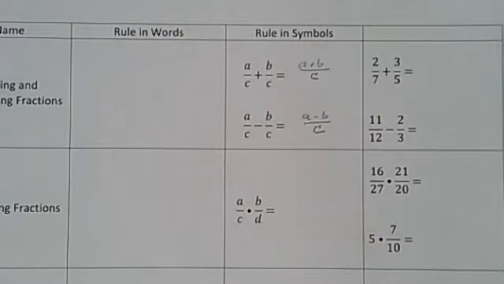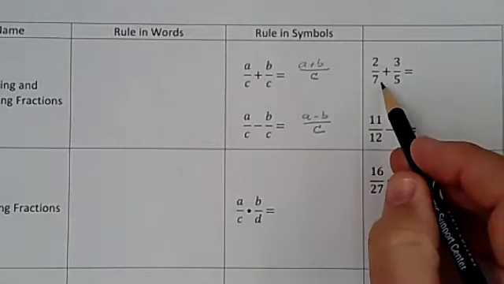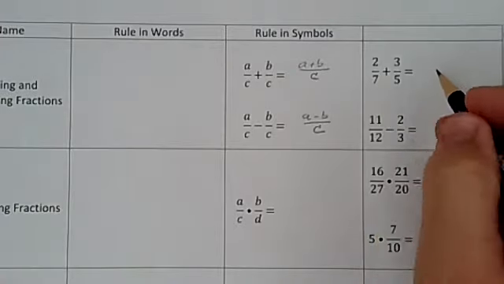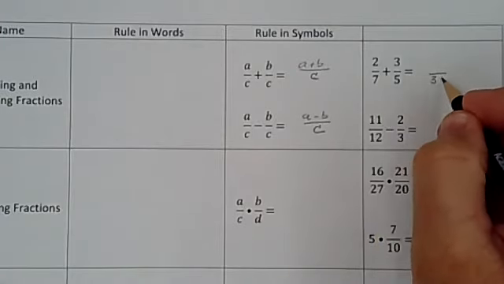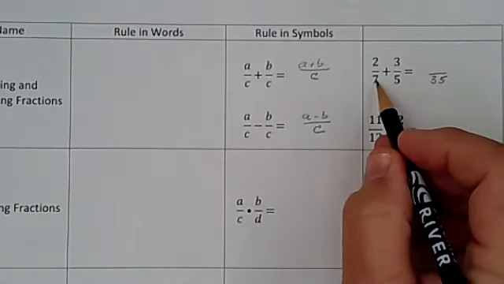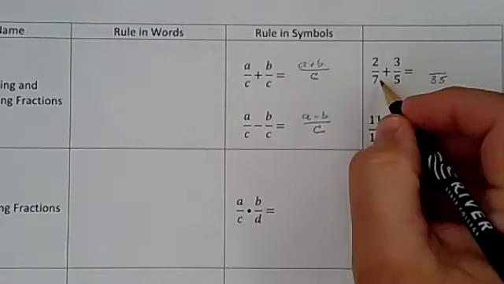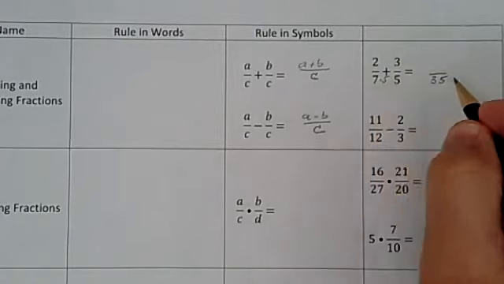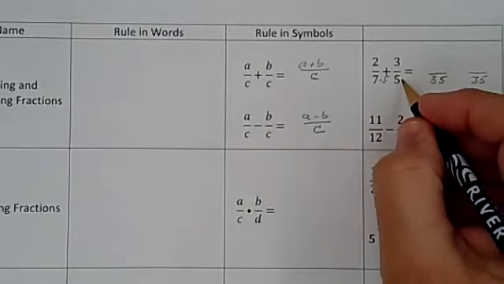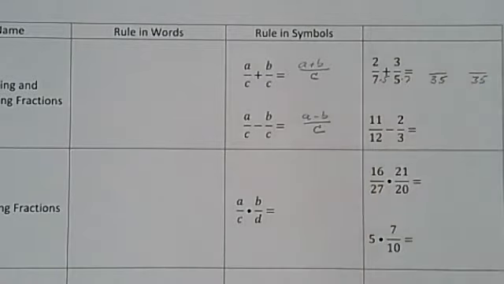For example, in this problem, we have a denominator of 7 and 5. The common denominator is 35. So then to change this denominator of 7 to 35, we have to multiply it times 5. And to change the denominator in the second term, we have to multiply it by 7.